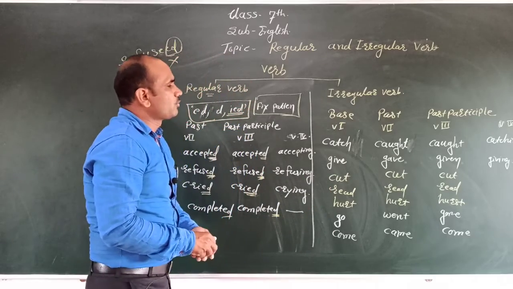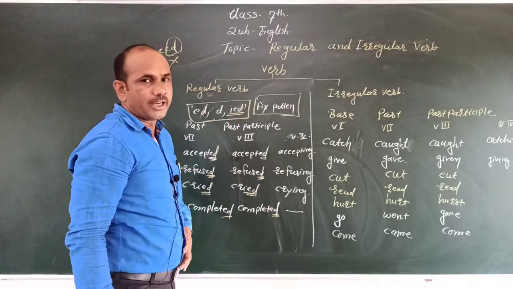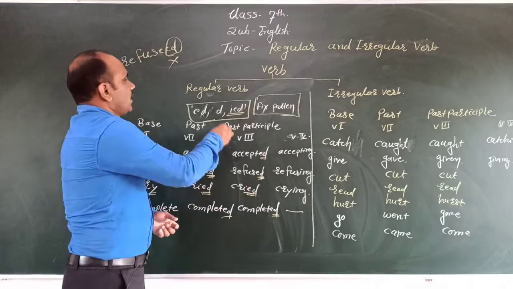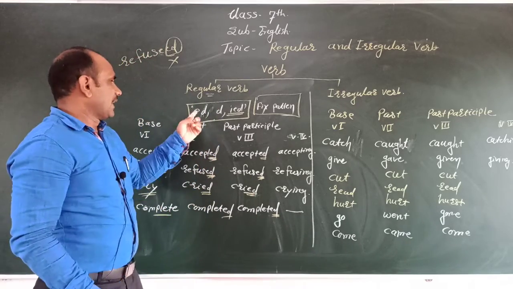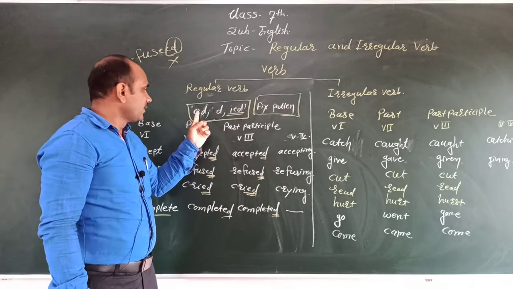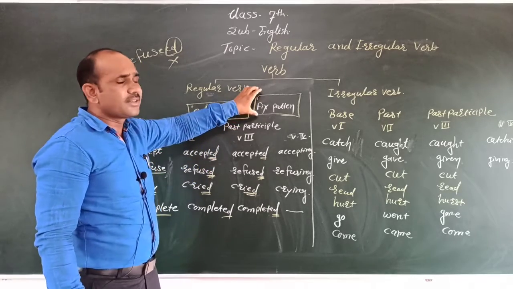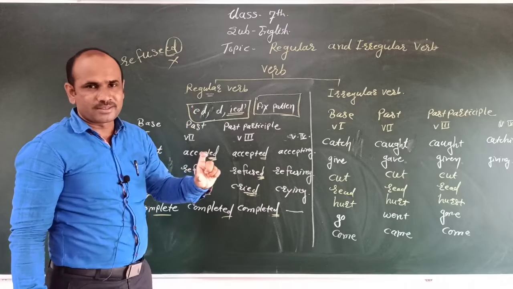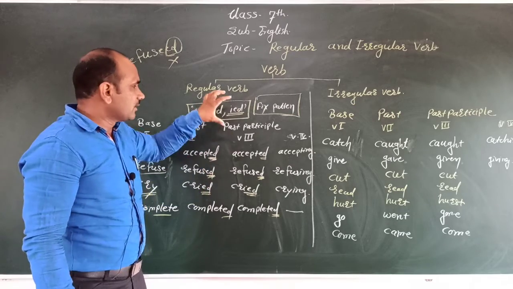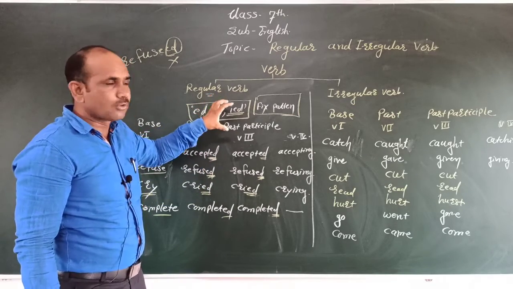In this way we have to discuss the regular verb and irregular verb. Regular verb means at the end of the verb we are writing ed or d. Its pattern is a fixed pattern. That type of word we call the regular verb.